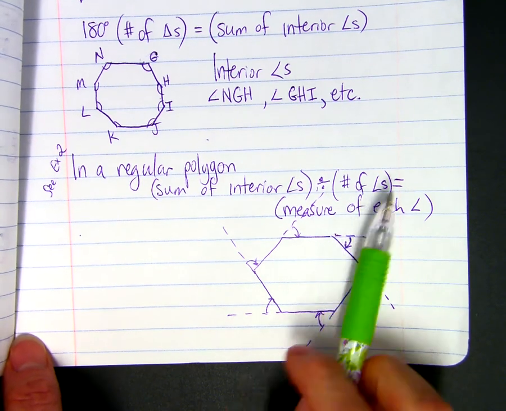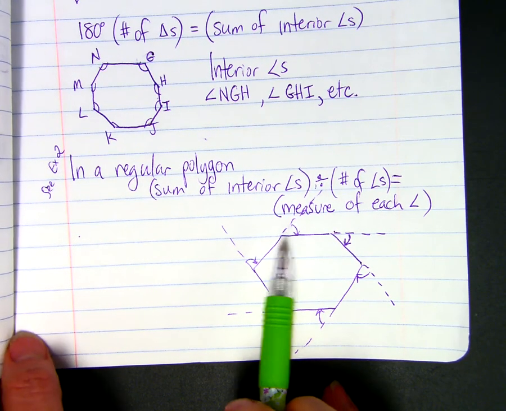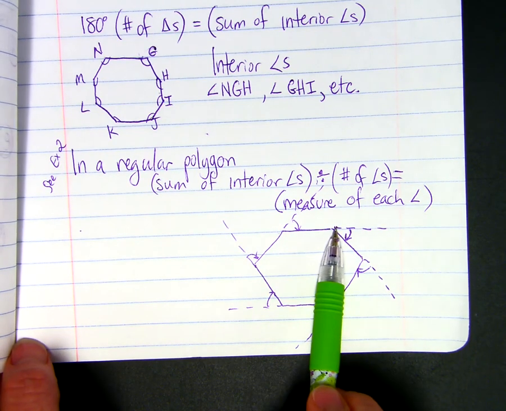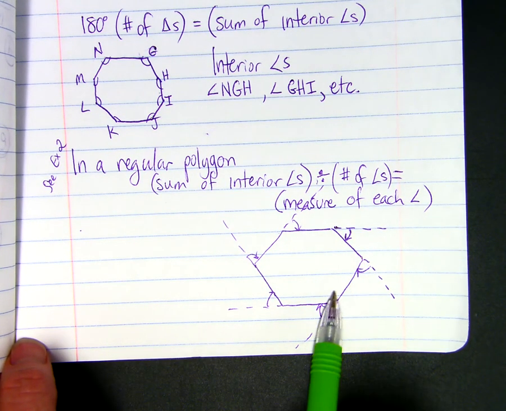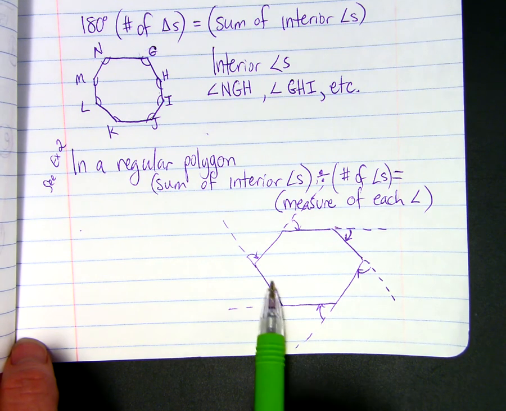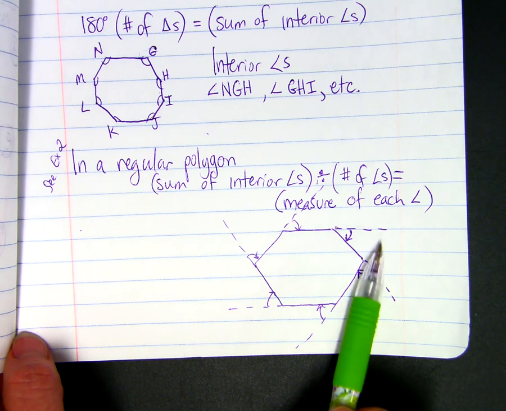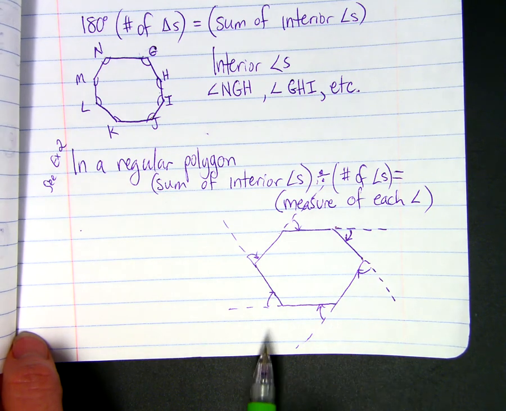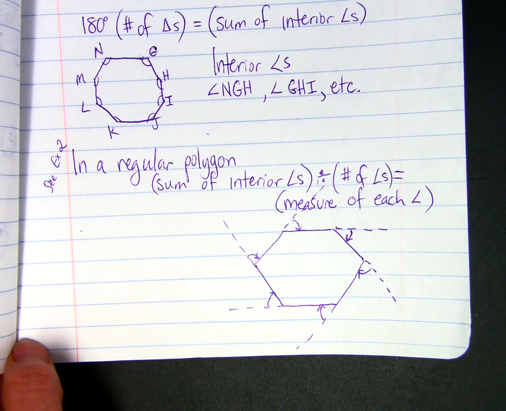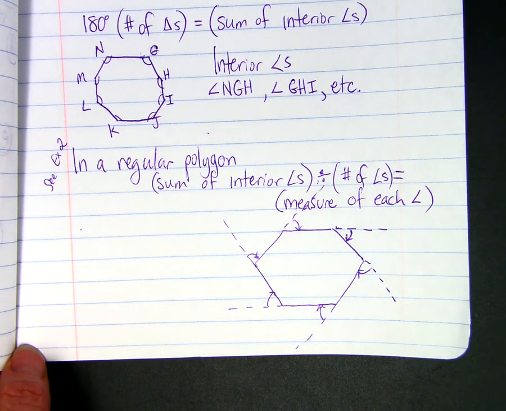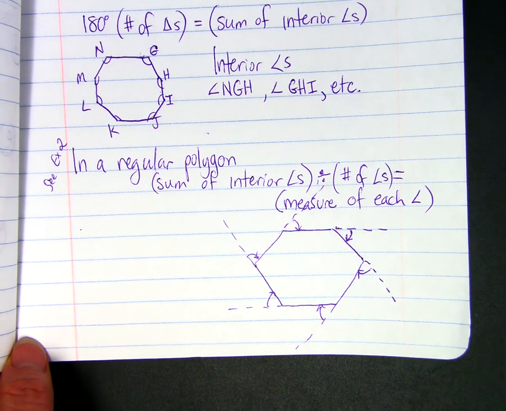Imagine if this were a pathway that you were walking, okay? And you started here, and you walked and turned, walked, okay? How many degrees do you think you would walk if you went all the way around the pathway? How many do you think? All the way around. How many degrees do you think? What do you think? 360. 360 degrees.